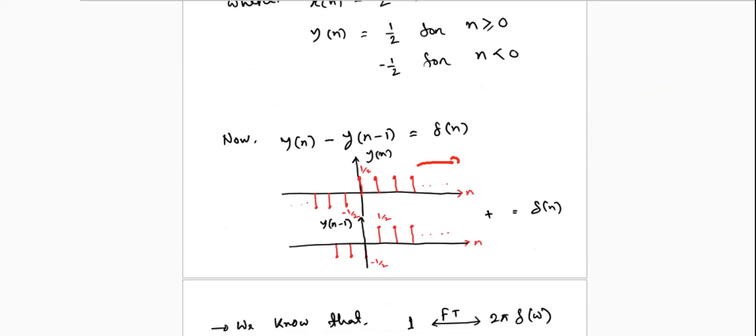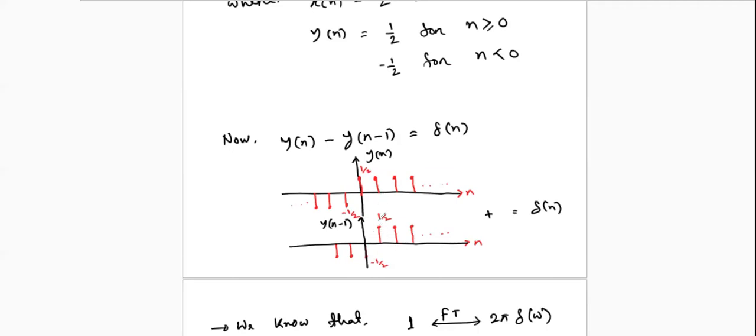Now we can write very easily that yn minus yn minus 1 is a delta function. How? By graphical representation, which we have shown here. You have yn, and this is yn minus 1, which we have shifted.